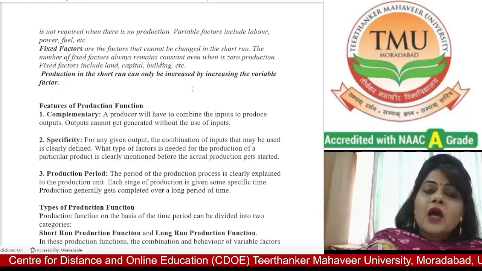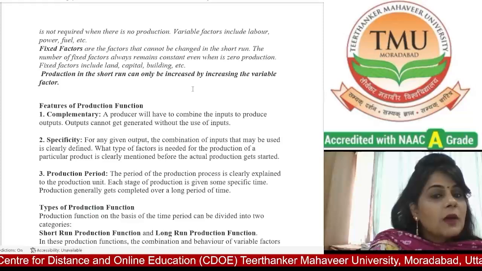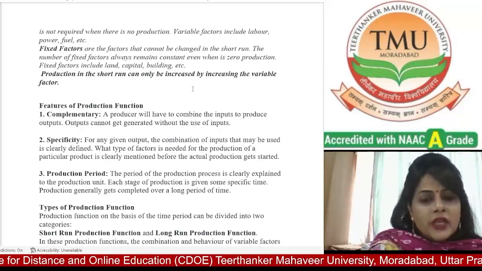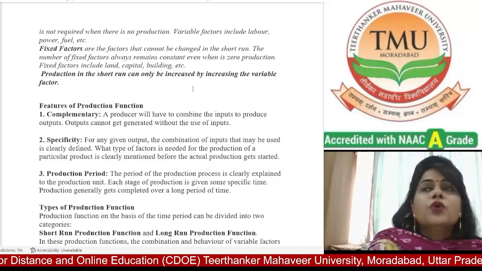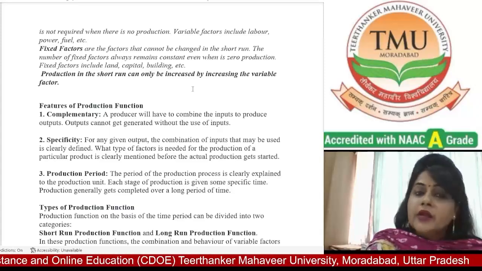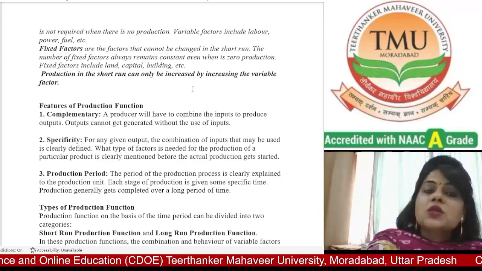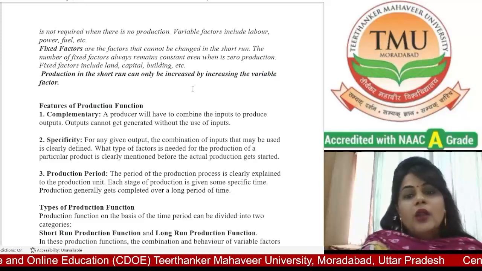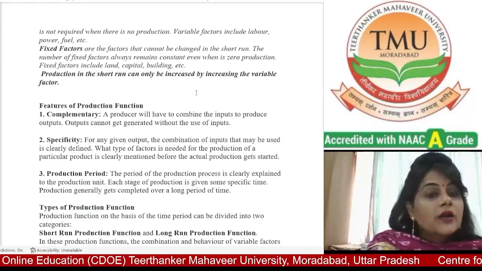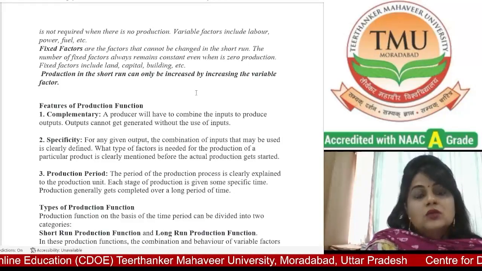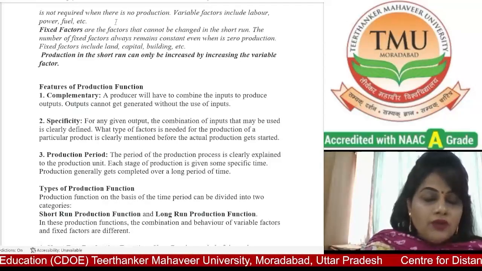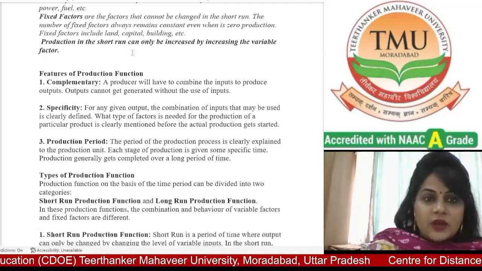Plants, machinery, etc. are examples of the fixed factor, while labor, raw materials, fuel, etc. are examples of the variable factors. And the fixed factor exists even at the zero level of output. When output is zero, quantities of variable factors are reduced to zero. So, students, I hope you have understood what the variable factors and the fixed factors are.